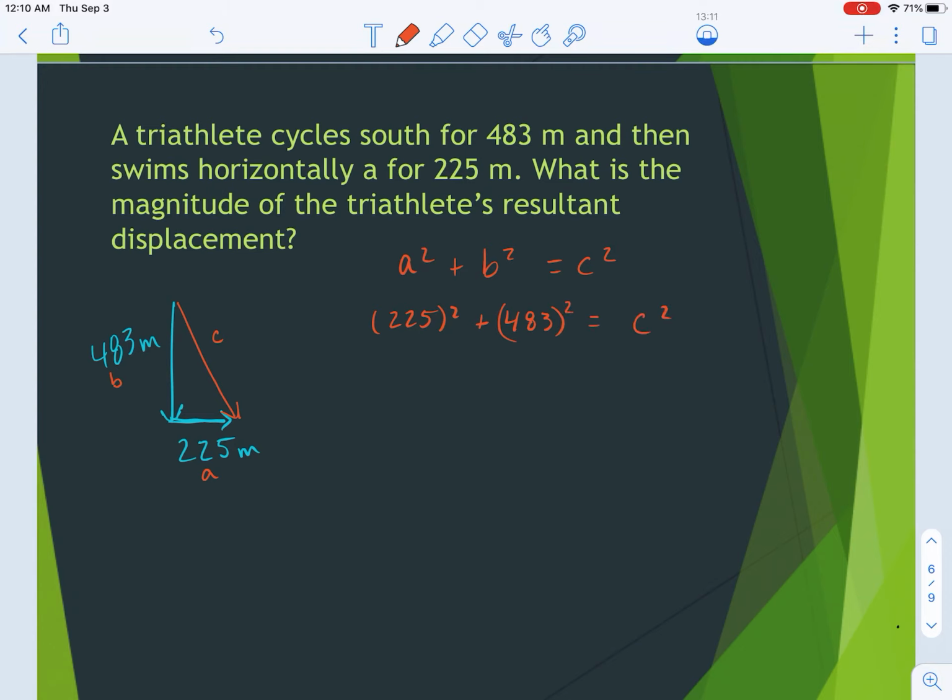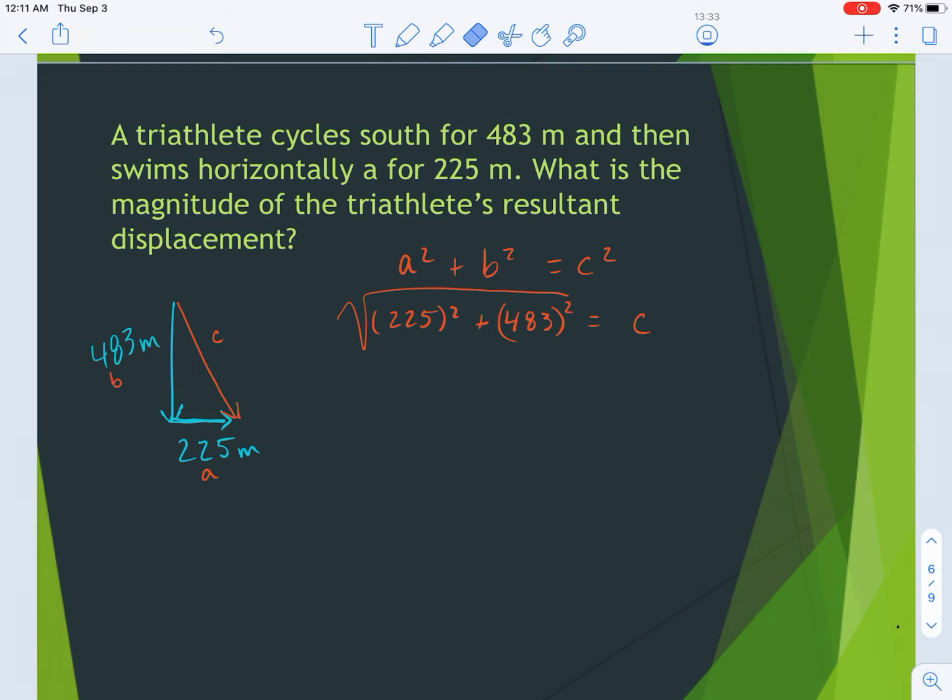Now, when we go to solve for this, we're going to plug in 225 squared plus 483 squared, and that is equal to c squared. Now, I expect you guys to understand that I'm going to have to square root my c squared in order to get that to equal just plain old c. And that means that I'm going to need to do the same thing to the other side. I would like for you to begin practicing setting up your math problems like this so that you can now take your calculator.